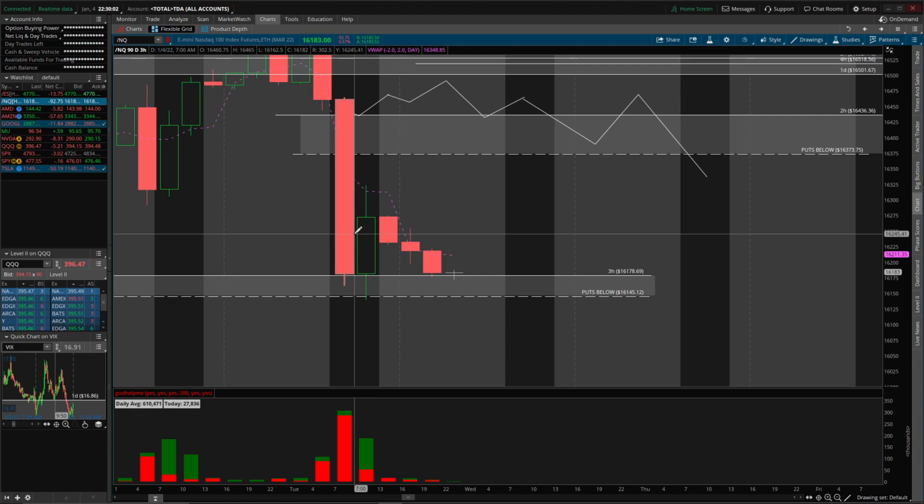Like I said, when you're trying to draw these zones out, it's not ironclad. You don't always have to follow the ideal scenario, because in the stock market you're not going to find ideal situations all the time.